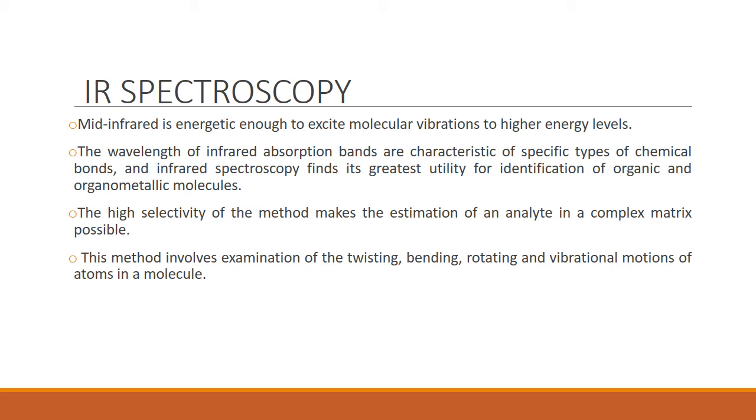By examining how much twist, bend, rotation and vibration motion occurs for atoms in a molecule, we can find it using infrared spectroscopy. Now, how can we obtain an infrared spectrum?